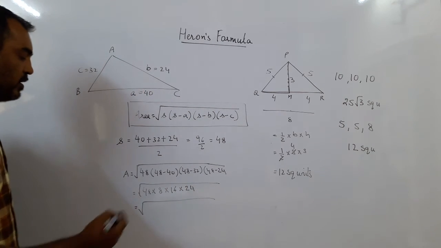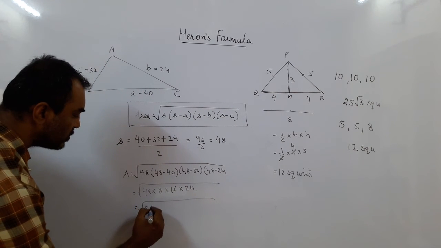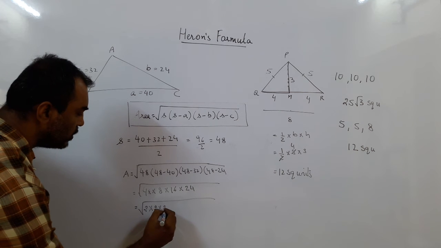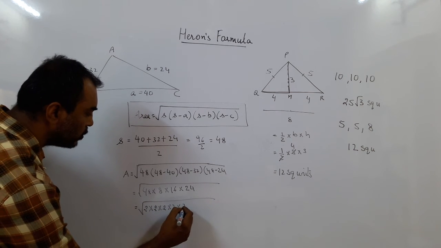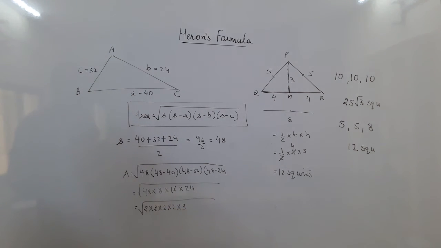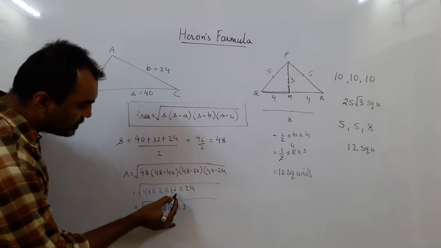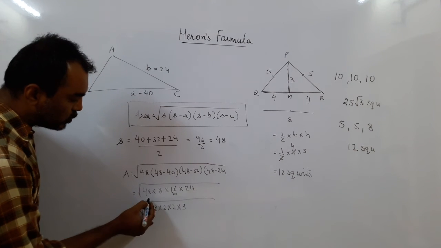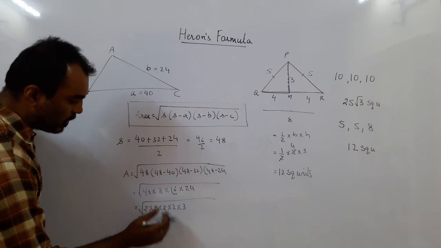The formula is put. 48 can be written as, what are the factors? 2 into 2 into 2 into 2 into 3. Prime factorization. You can also write 16 3s are 48, whichever you prefer, because 16 is already a perfect square. So you can make it this way also.